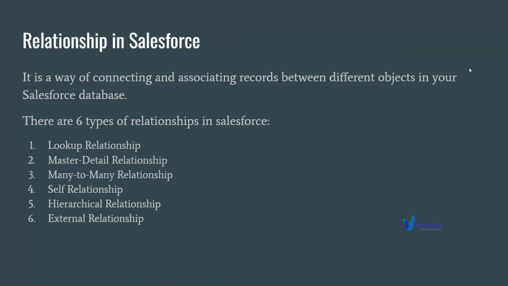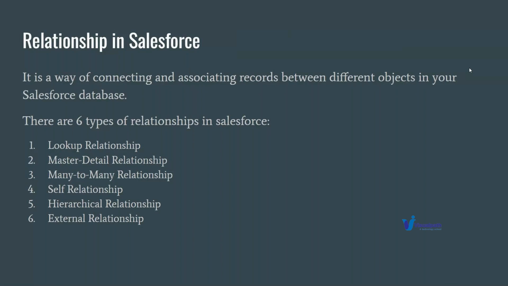It is a way of connecting and associating records between different objects in your Salesforce database. Okay. So how many types of relationships are there? There is lookup, there is master detail. I will come back, but for now, just understand the names at least. Lookup, master detail, many to many, self relationship, hierarchical relationship, external relationship.